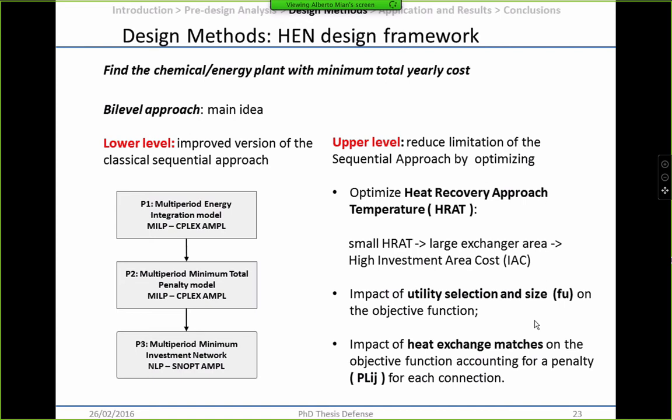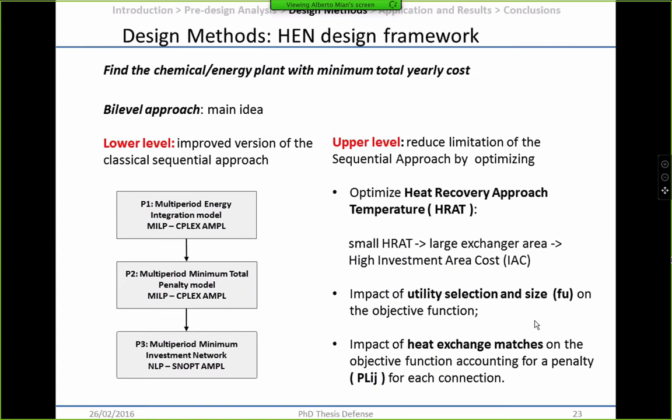The first element is the heat recovery approach temperature, which is, for those that are not familiar with this, the amount of heat that we can exchange between streams, affecting the heat exchanger area and investment cost of a heat exchanger.